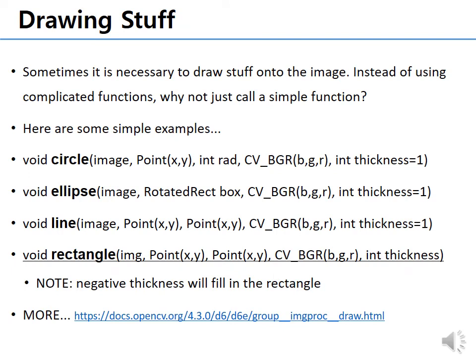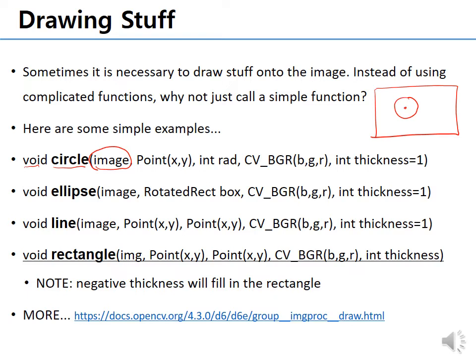Sometimes it is necessary to draw stuff on the image. Instead of using a complicated function, why not just call a simple function? Here are some simple examples. Here is a void circle, and it will draw a circle on the image. So this is the name of the image that we will draw on, and the point is the center.